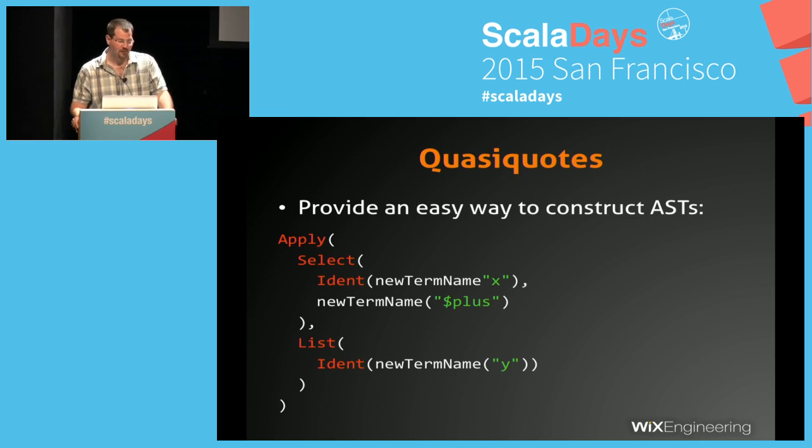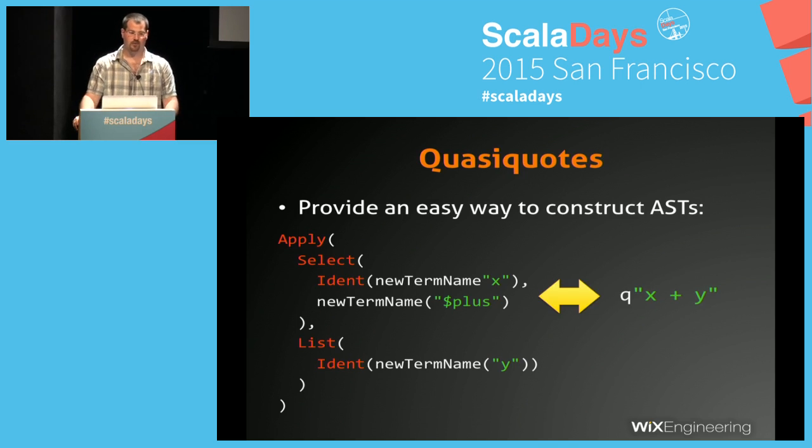So thanks to the efforts of two heroic Scala community contributors, namely Denys Shabalin and Eugene Burmako, who are actually at the moment talking about Scala Meta in the other room, we can do this.